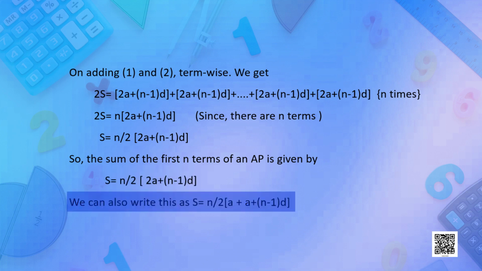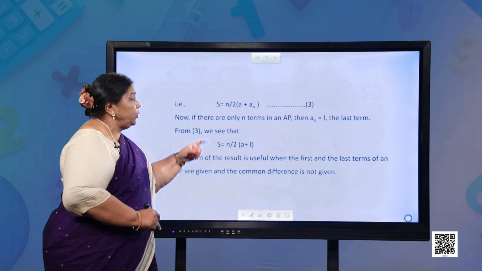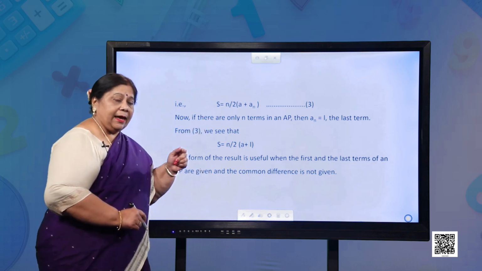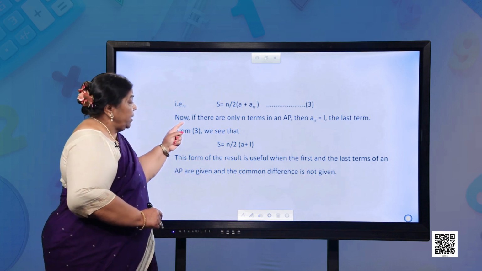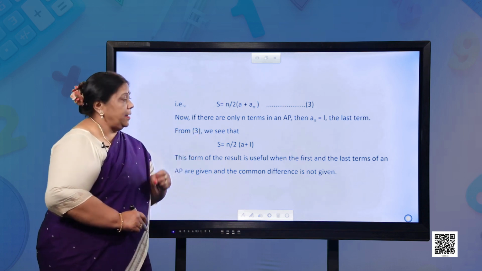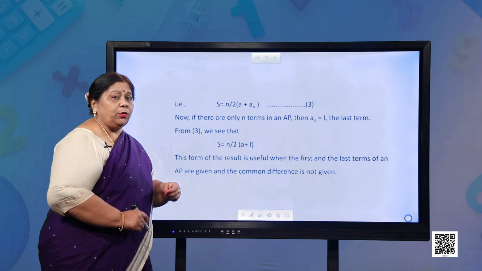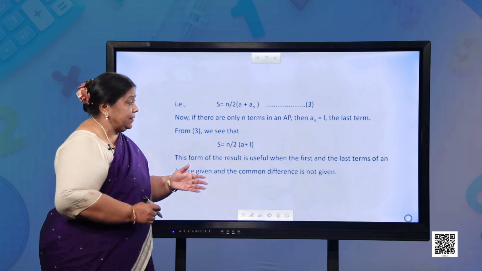We can also write this as S is equal to n upon 2 into (a plus (a plus (n minus 1) into d)), which could also be expressed as S is equal to n upon 2 into (a plus a_n). Let us take this as equation 3. Now, if there are only n terms in an AP, then a_n is equal to l, that is, the last term.